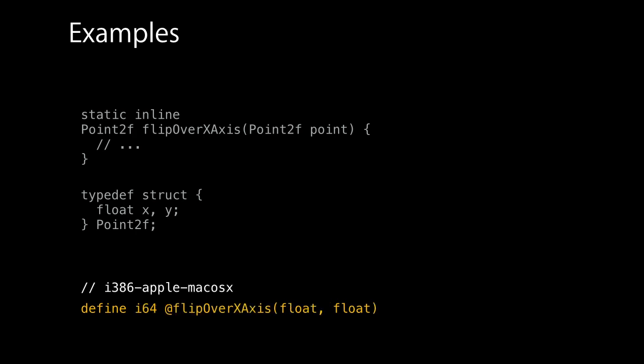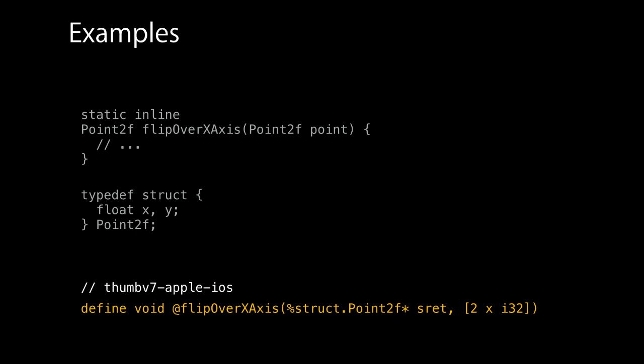On i386, this is more or less the same, except that instead of returning as a structure, we return as a single i64, which requests a very specific way of returning it. On ARM v7, it gets really different because all of a sudden we need to do an indirect return. And for some reason, instead of passing as two floats, we need to pass as this array thing.